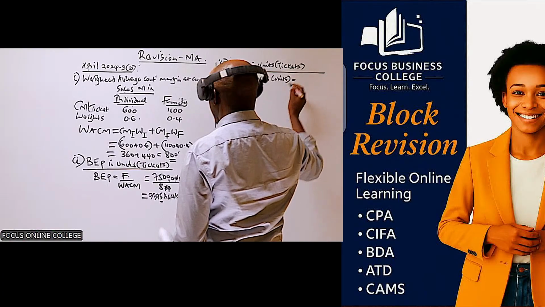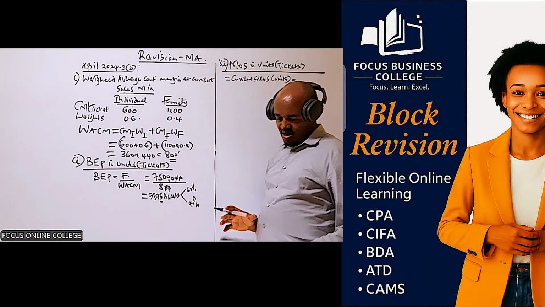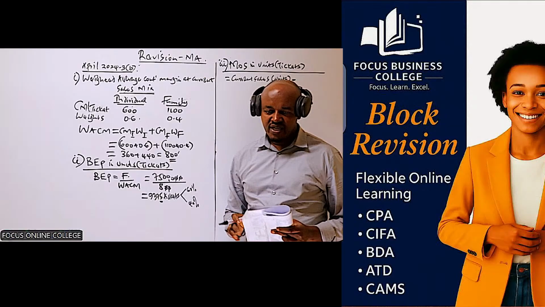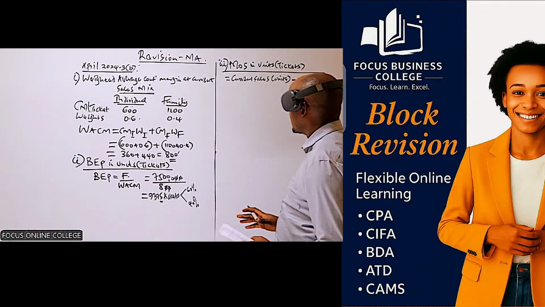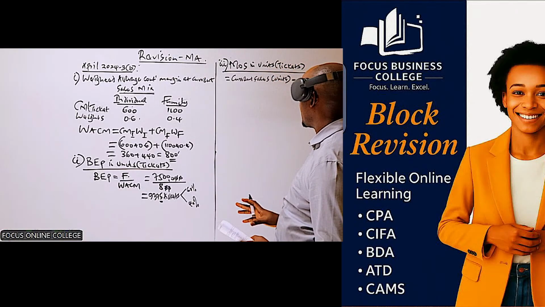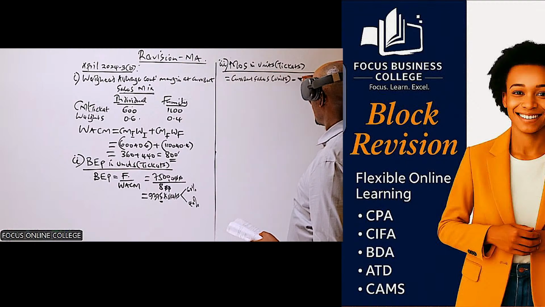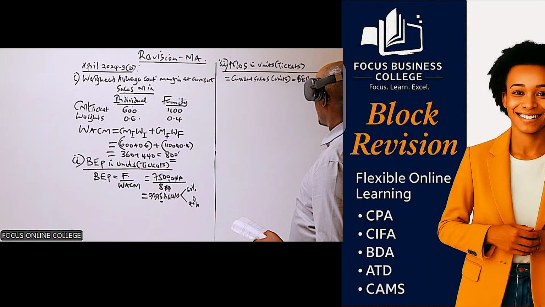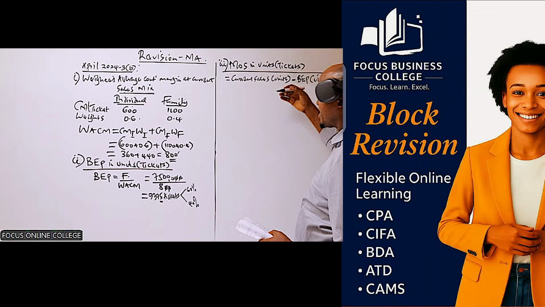So how many tickets is the luxury weekend county park expecting to sell? So the expected or the budgeted sales in units minus the break-even point in units. Remember that in our case, we have said units and tickets.